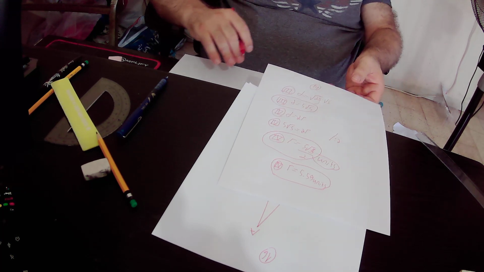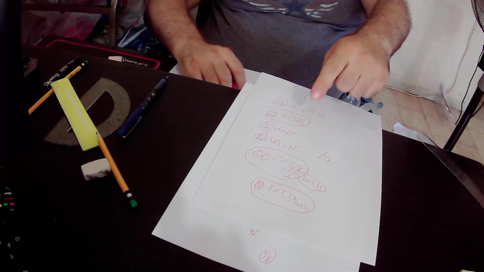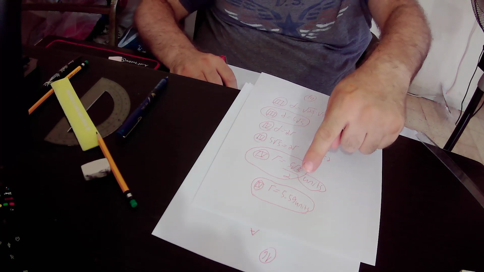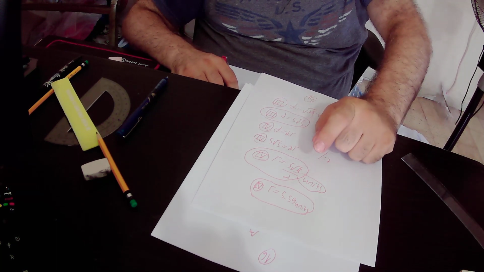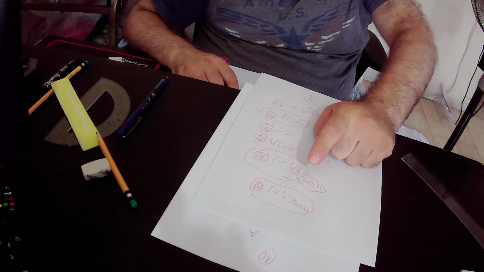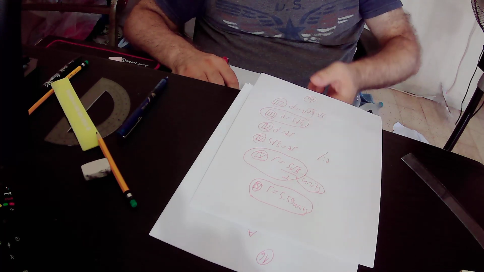If we want to write the radius in terms of numbers, instead of 5 times root 5 over 2, we can write that the radius of the circle equals 5.59 units.